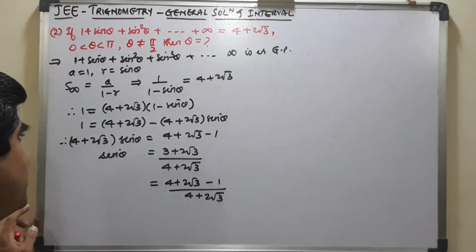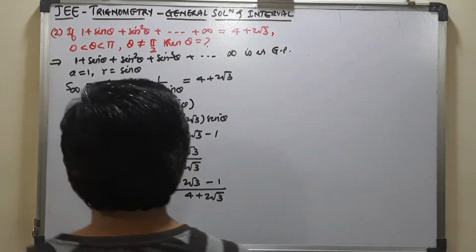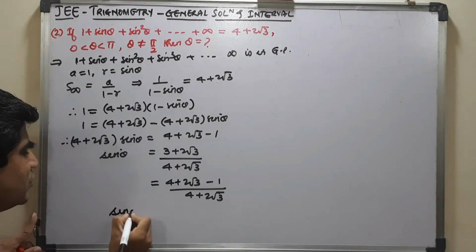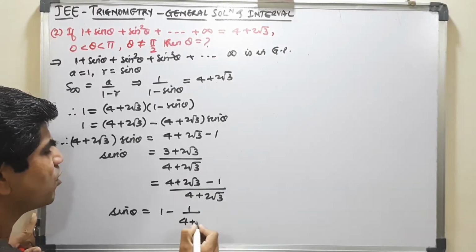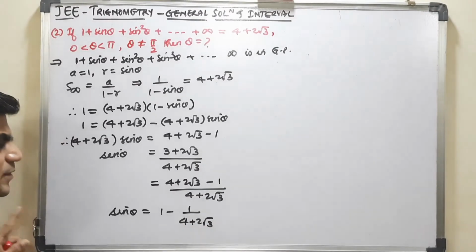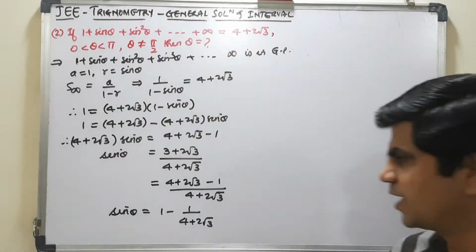So separating the denominator, sine theta will now become 1 minus 1 upon 4 plus 2 root 3. If you want, take 2 common, or not required.